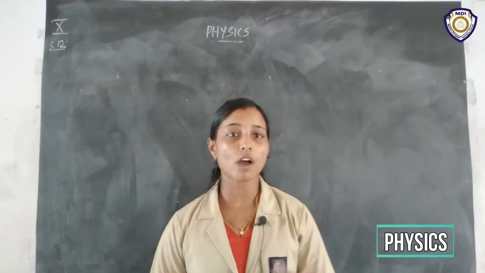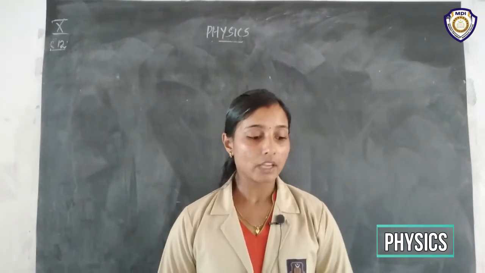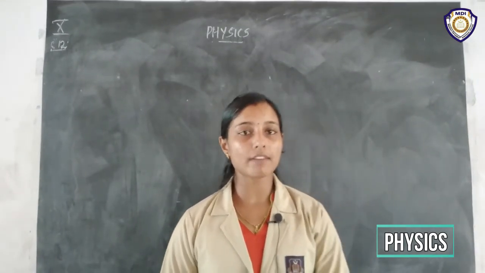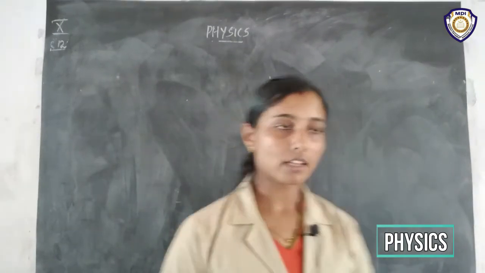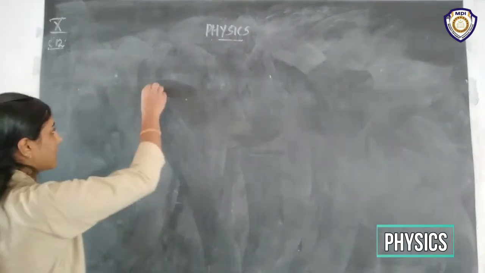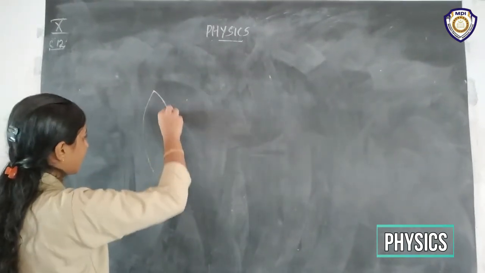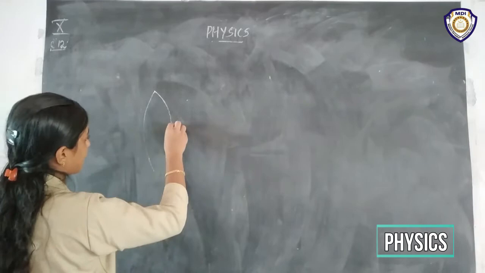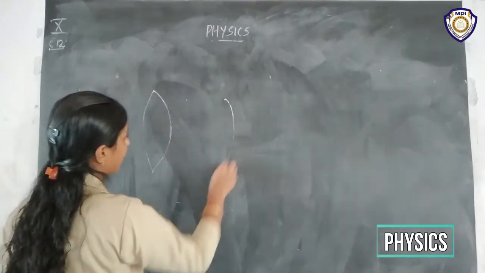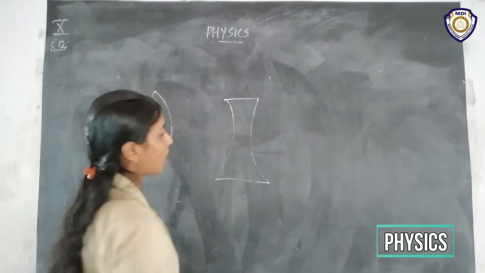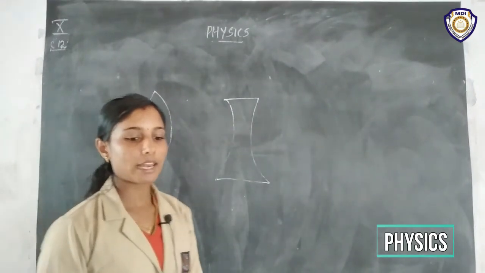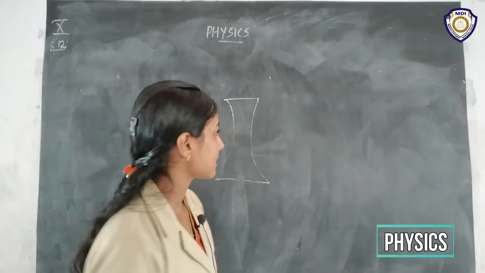First thing you have to keep in mind, for a concave lens the focal length is always negative, right? So what is a concave lens? This is a convex lens, sorry, and here we have a concave lens. So for a concave lens the focal length is always negative.